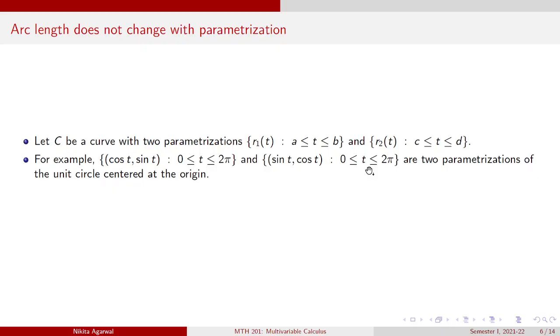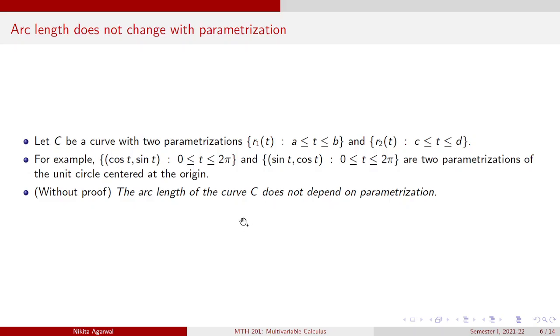Then the arc length does not depend on the parameterization. No matter what parameterization of your curve you pick, the arc length will remain the same. We will take this as a fact.